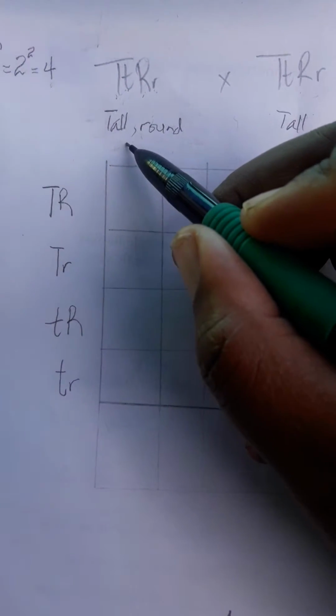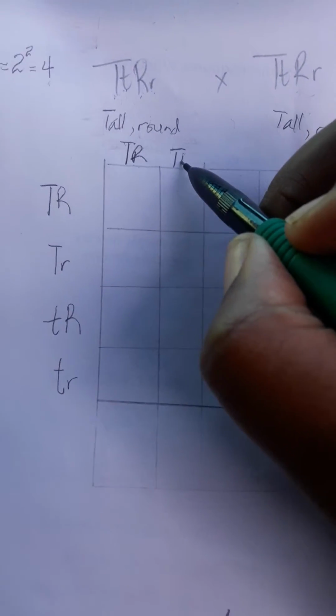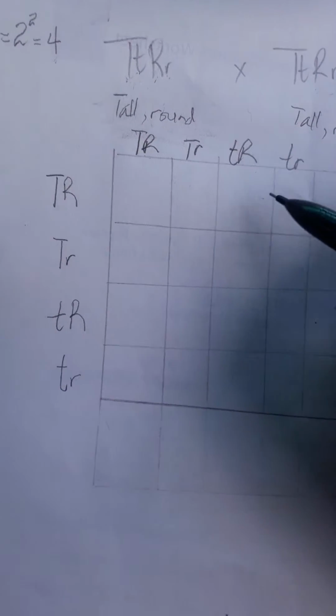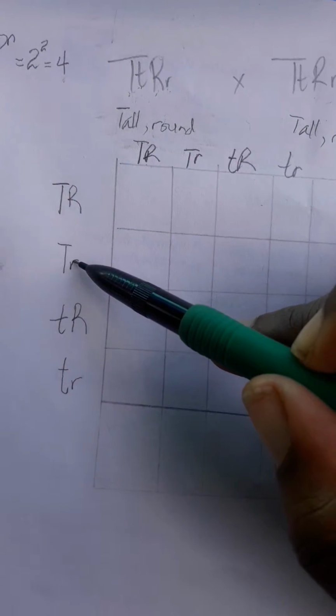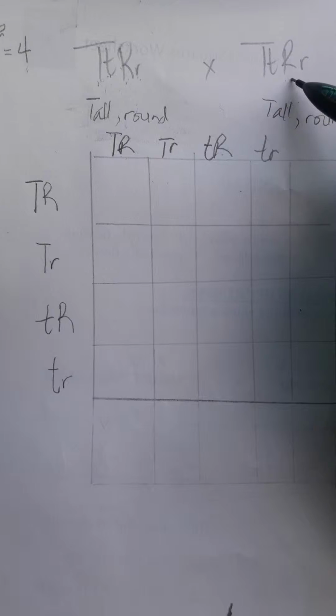So let's go ahead and put that down. T R, T R, T R, and T R. So now we have 4 gametes from this parent, 4 gametes from that parent.